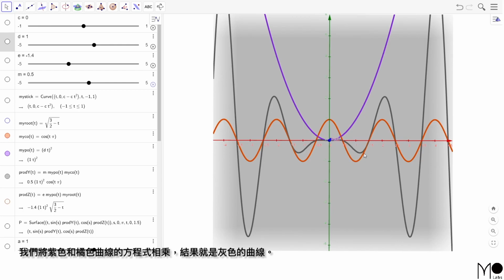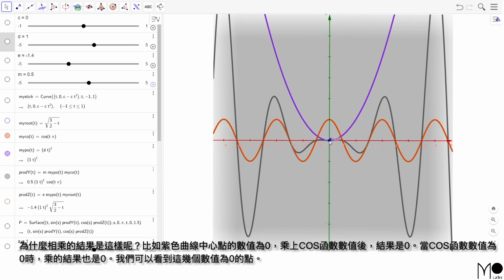So the gray curve, as you can see from the equation here on the left, is a factor of m, which is just a fixed number I can vary, times the function called mypo, which is the parabola, and the product with myco, which is the cosine. So the orange one and the purple one, the product of them, how will it look? It's the gray curve. Why does it look as it does? The parabola is 0 here for t equals 0. The parabola is 0.